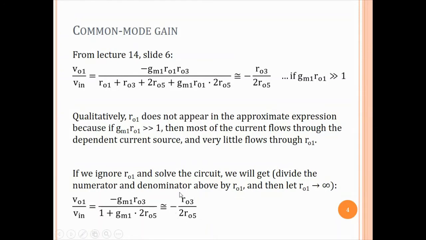All right, so this is the common mode gain of our differential amplifier, and it is small, and that is good, because we don't want our differential amplifier to have a common mode gain. If the ROs are equal, it is minus half, which is a good thing.